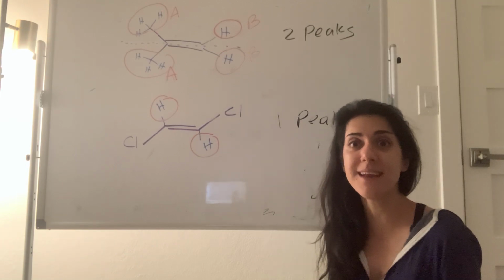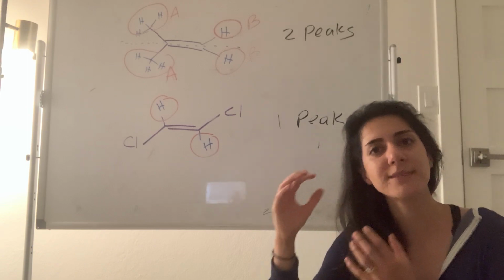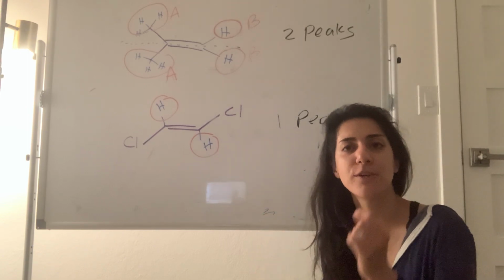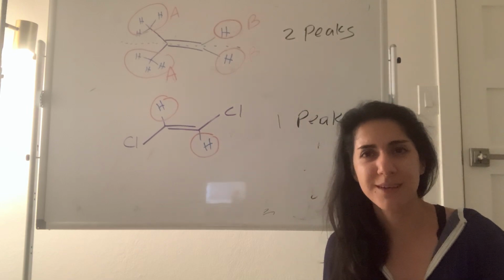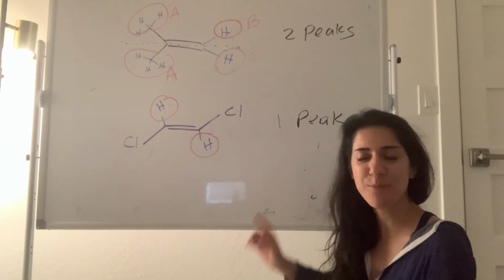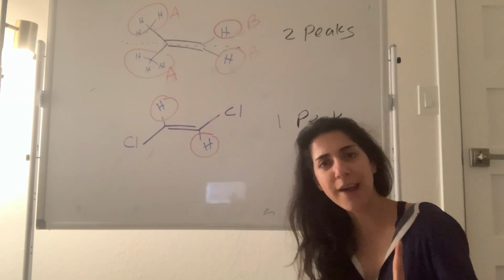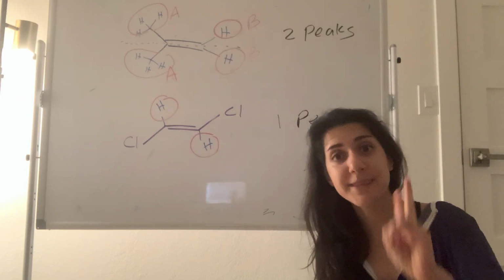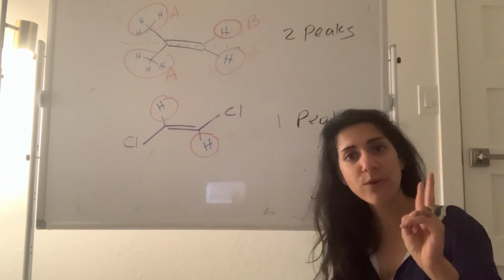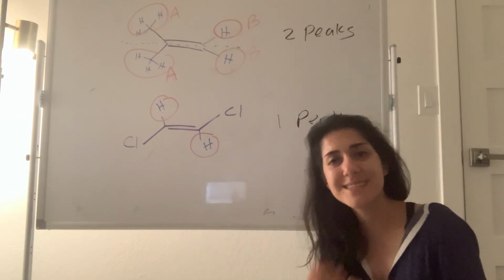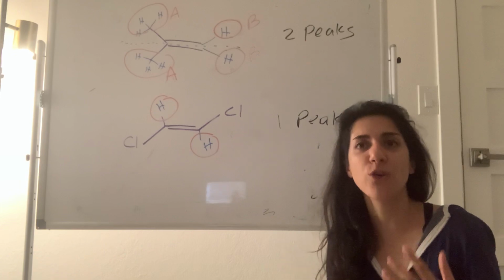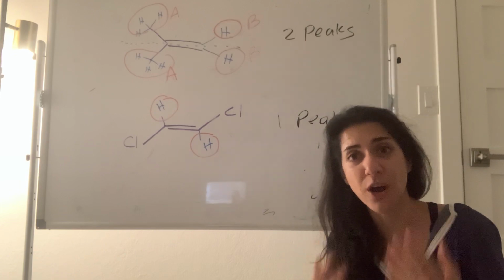Now, when you're deciding how many unique sets of protons you have, there are a few things I need you to do. Number 1, draw the hydrogens out. I know that's basic, but that really helps. Look for symmetry, right? And then look at the neighbors. If they have the same neighbors, then they are going to be equivalent to each other.